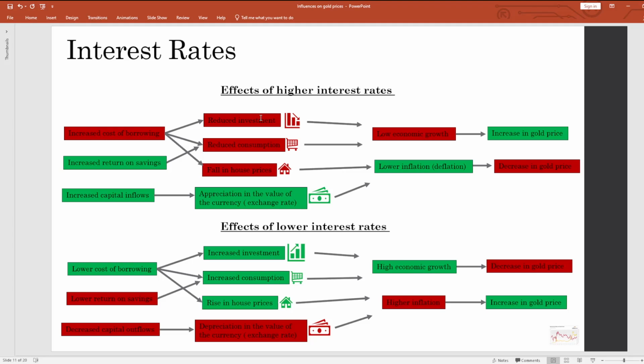So they'll have less money for expanding production, for example. They'll have to lay off some staff because they might not be able to afford paying some people's wages. So it has a lot of negative effects on the economy, and so you'll obviously get low economic growth as a result of reduced investment.